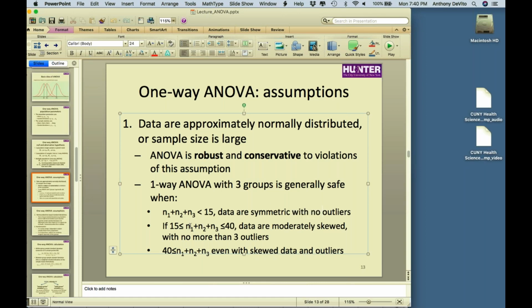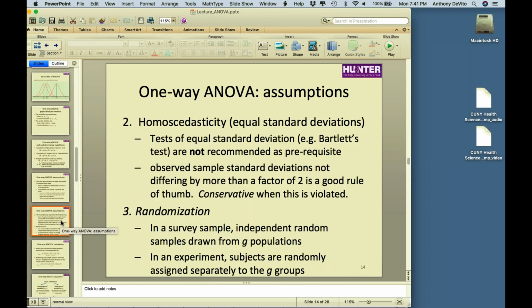If the sample size is between 15 and 40, the population is only moderately skewed, and there are no more than three outliers, or if the sample size is greater than 40, then we can tolerate even a bit of skewed data and even some outliers. So the bigger the sample size, the more robust and the more confident we can be in the results of the analysis of variance.